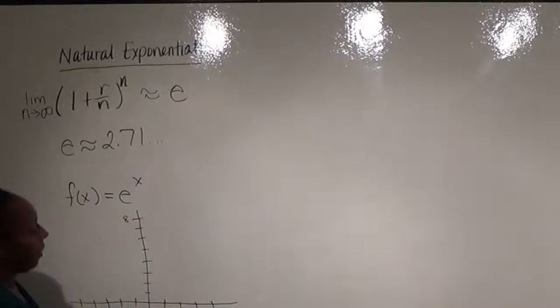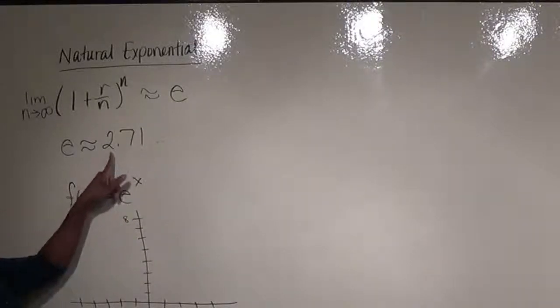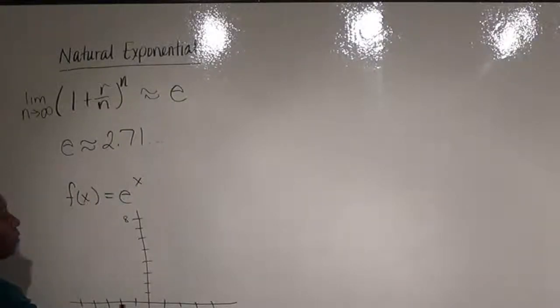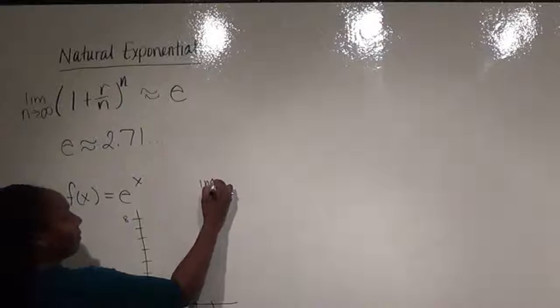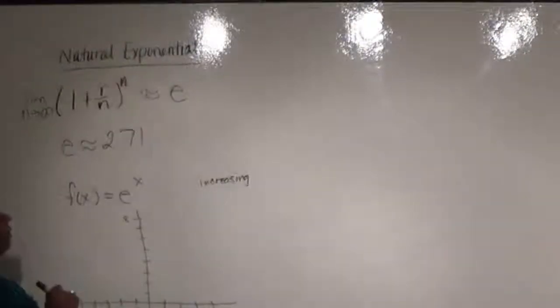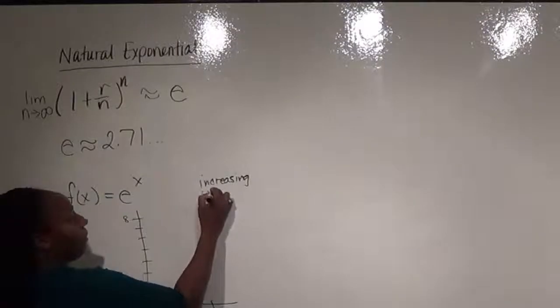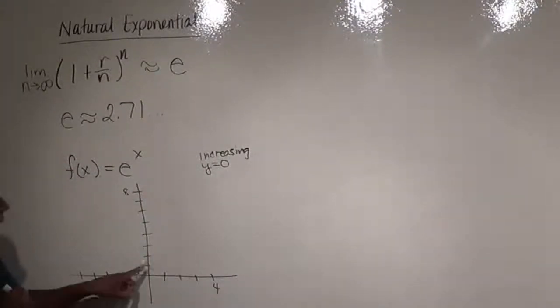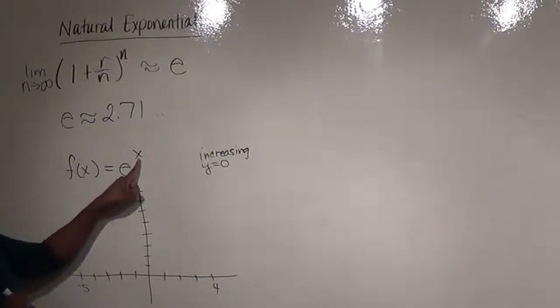Okay, so here if I wanted to graph this function, e being about 2.71 says my base is greater than 1. So I know it's going to be increasing. I still have y equals 0 as my horizontal asymptote. And again, when I plug in 0, I'm still going to get a value of 1.